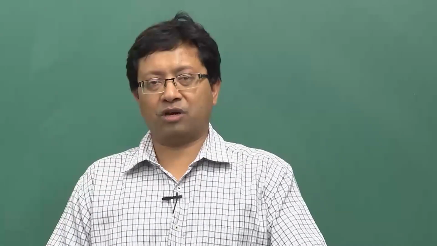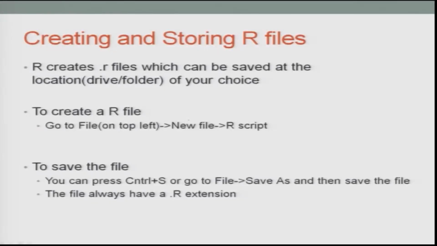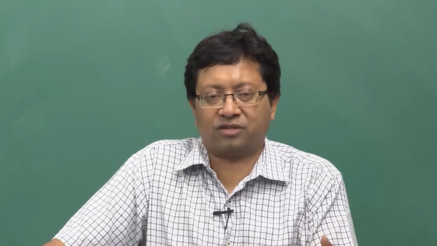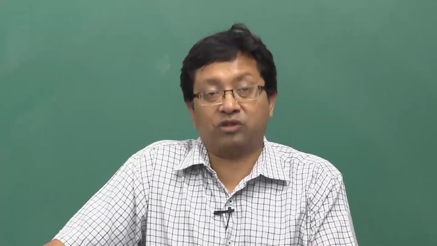Small a and capital A are not equal, or capital A and small a are not equal accordingly. Creating and storing R files: R creates .r files. So, the extension is given like this, like in a Word document you have .doc or .docx files, in Excel you have .xls files and so on, in MATLAB you have .m files.